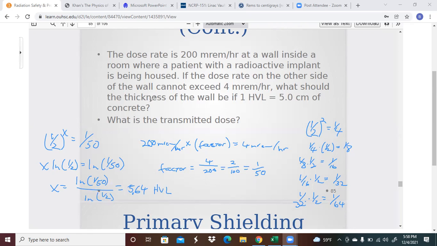So the thickness of the wall in this particular case is going to end up being 5.64 times 5. So the thickness is about 28.